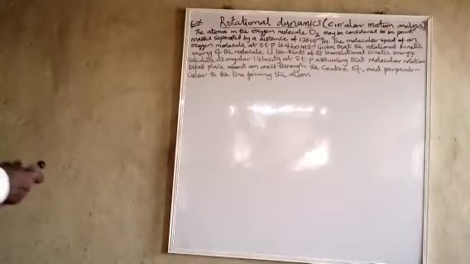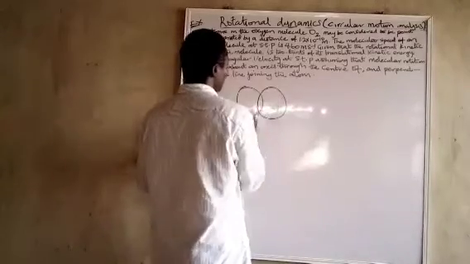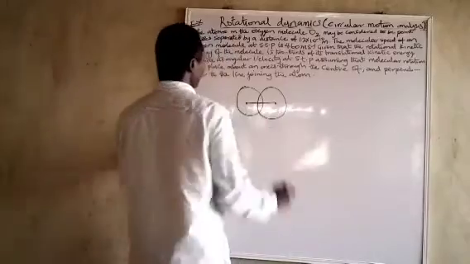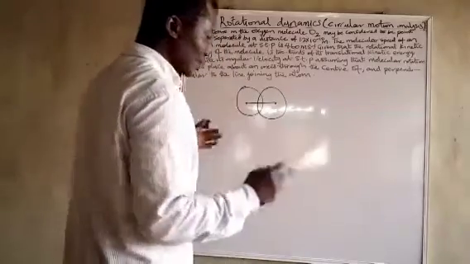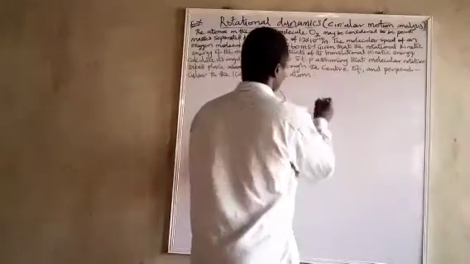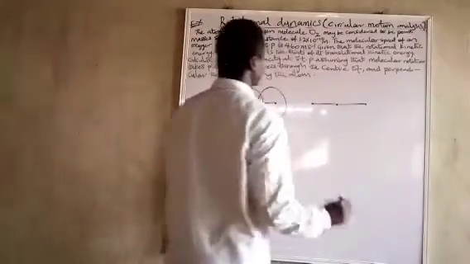So what do we have? We have a situation like this. You know that this is how the molecules are. So there is a line connecting the centers. We are made to look at it from the perspective that it is just like this, and it is rotating about its center here.